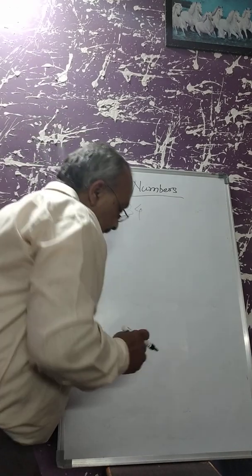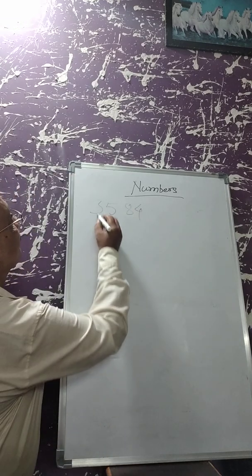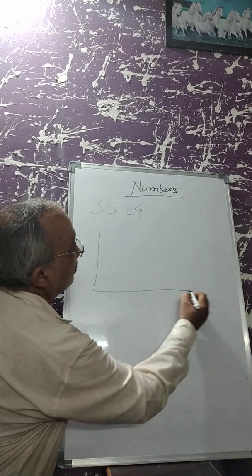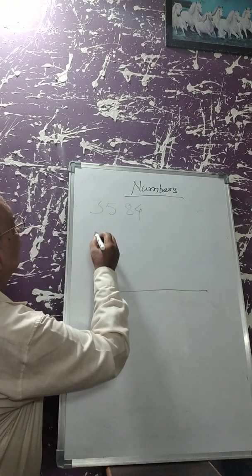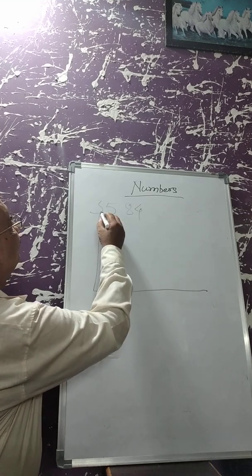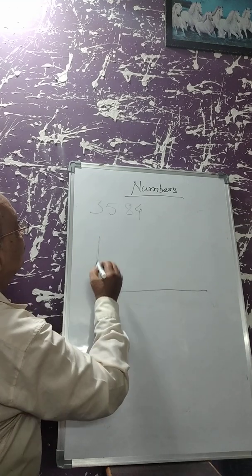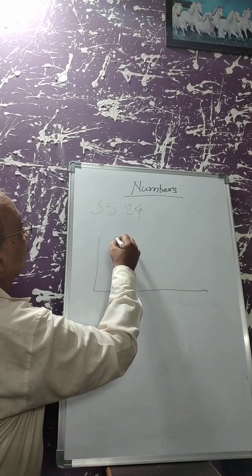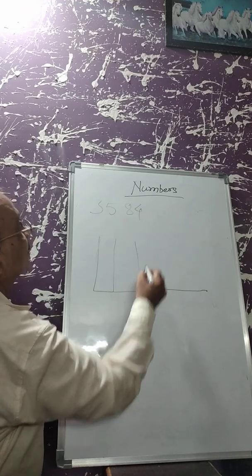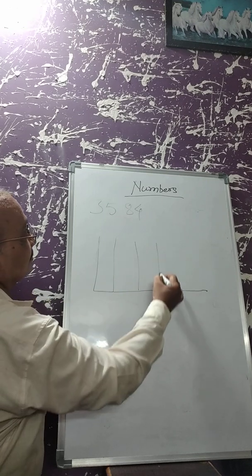Say there are 4 sticks: for 3, this is the stick; for 5, this is the stick; for 8, this is the stick; for 4, this is the stick.